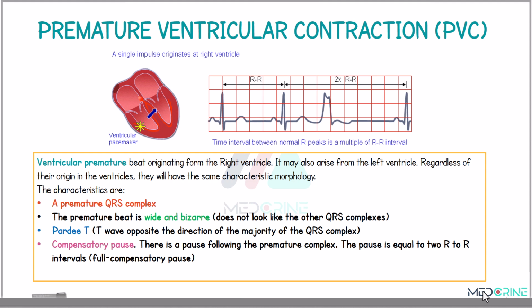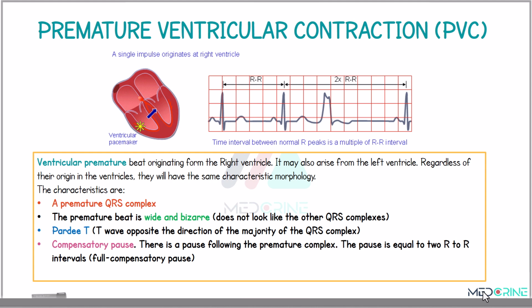Then, just like any other ventricular rhythm, we will have an opposite direction T wave, which is a T wave that is opposite the direction of the majority of the QRS complex. And one characteristic feature is that it has a compensatory pause.